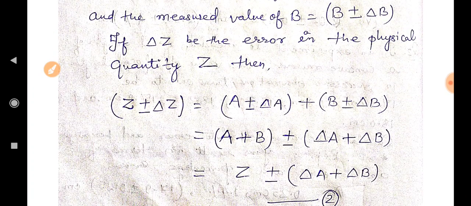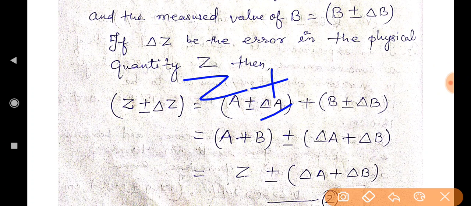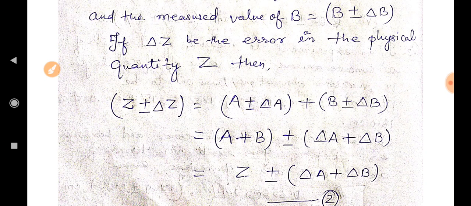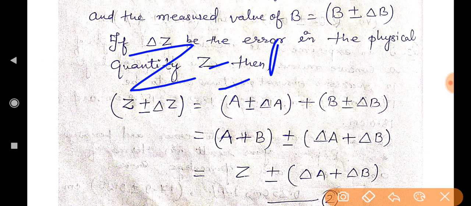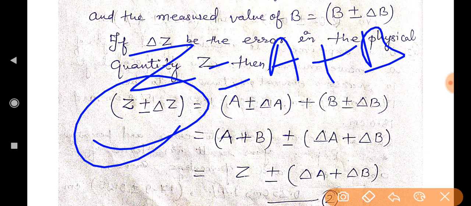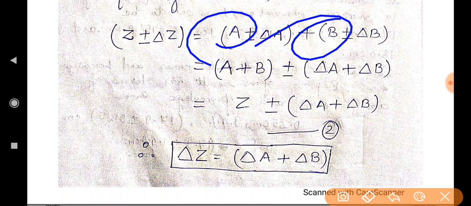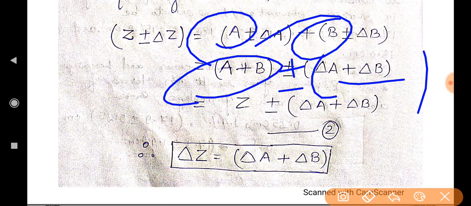Hence the measured value of z will be z plus minus delta z. As z equals a plus b, put the measured values here: z plus minus delta z equals a plus minus delta a plus b plus minus delta b. Taking a and b together, a plus b plus minus, taking common, delta a plus delta b.